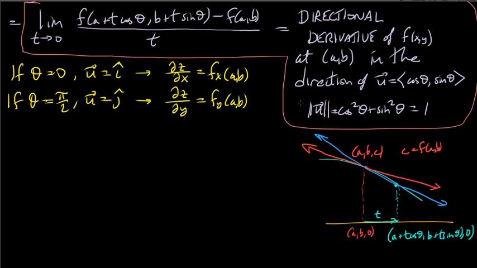As t goes to 0, this point right here moves closer and closer to the point (a, b, c), to the point where the secant line is almost indistinguishable from the tangent line. And so in the limit, as t approaches 0, this point gets closer and closer to the original (a, b, c), and then you have the slope of the tangent line.